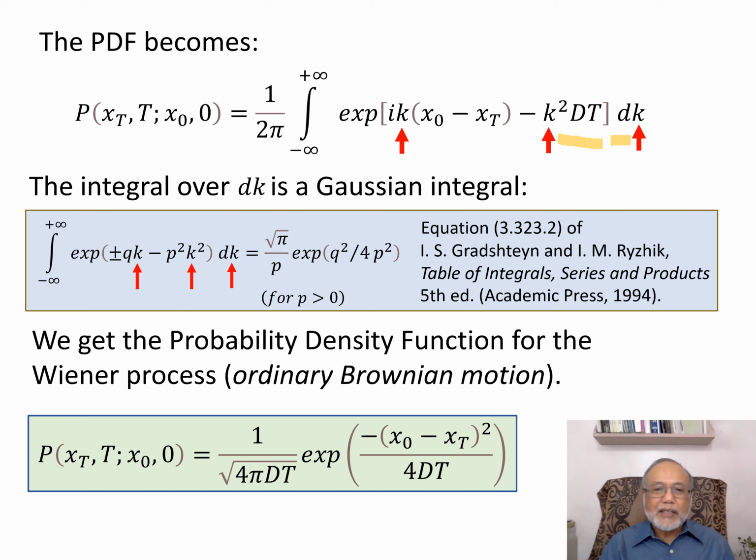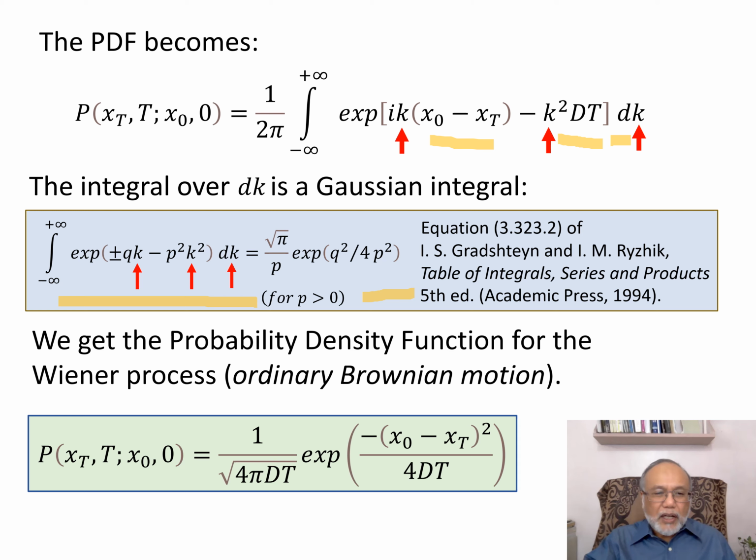And fortunately, this is an easy integration because it's the well-known Gaussian integral. If you look at this exponential of k squared integrated over dk, there is a ready equation in the table of integrals for that. And so you just have to look for the coefficient of k and the coefficient of k squared.